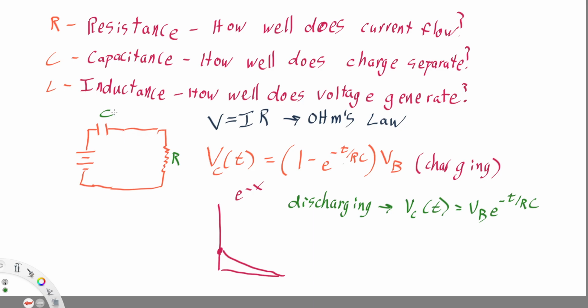And this is why 30 seconds. 30 seconds ends up being 3 time constants for the resistor and capacitor in that circuit. And that's why 30 seconds. Because after 3 time constants, you have essentially no voltage left on the capacitor. Right? Because e to the minus 3, that's 1 over e cubed.